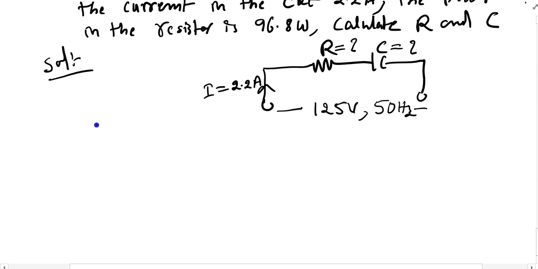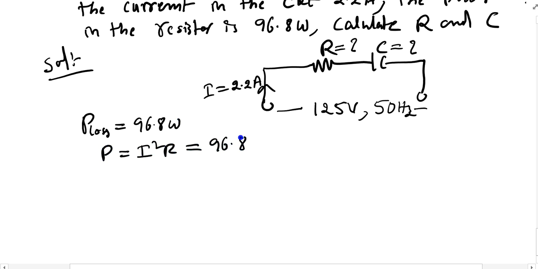We know the power loss is given to us, 96.8 watt. P is equal to I square R. From this I can write R equals 96.8 by I square, where I is 2.2, squared. So we are going to get 20 ohms.